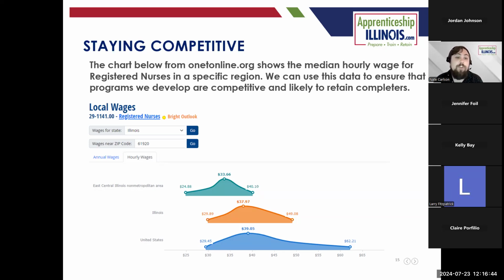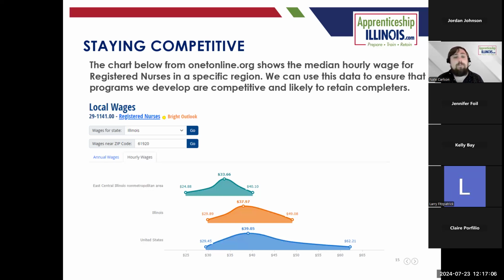So here, I've pulled up for Eastern Central Illinois, this is in LWIA 23, the wage for registered nurses. Now we can see it shows us the average or median wage for the United States, it shows us for the state, and then it actually shows us for our specific area, because obviously we recognize those are going to be different even at the state level between municipalities, right?